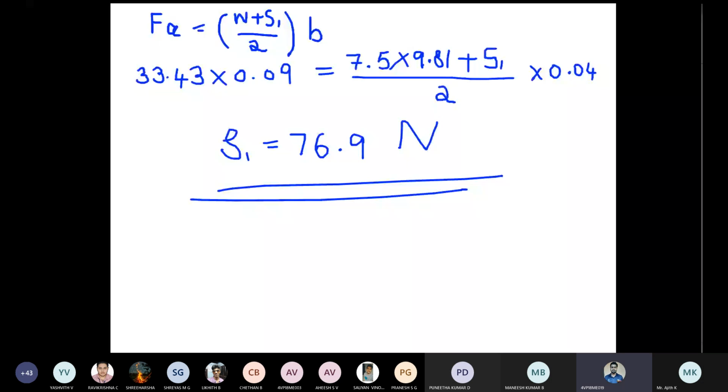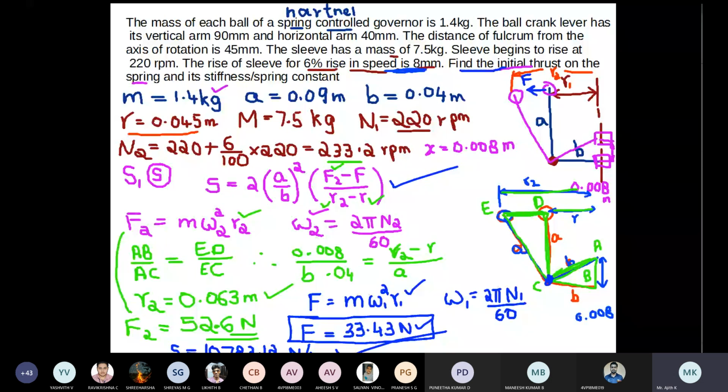Sir, what is the value of S? S1, right? No, this one. First, the value of S1 will be 76.9, and the value of spring stiffness is 10,783.12 Newton per meter. S is the spring stiffness. S and S1 are different. Understand that.